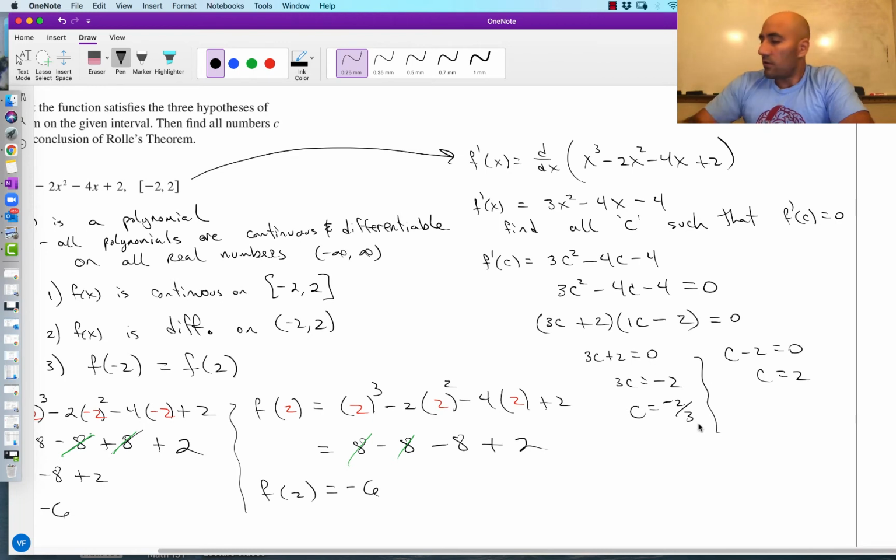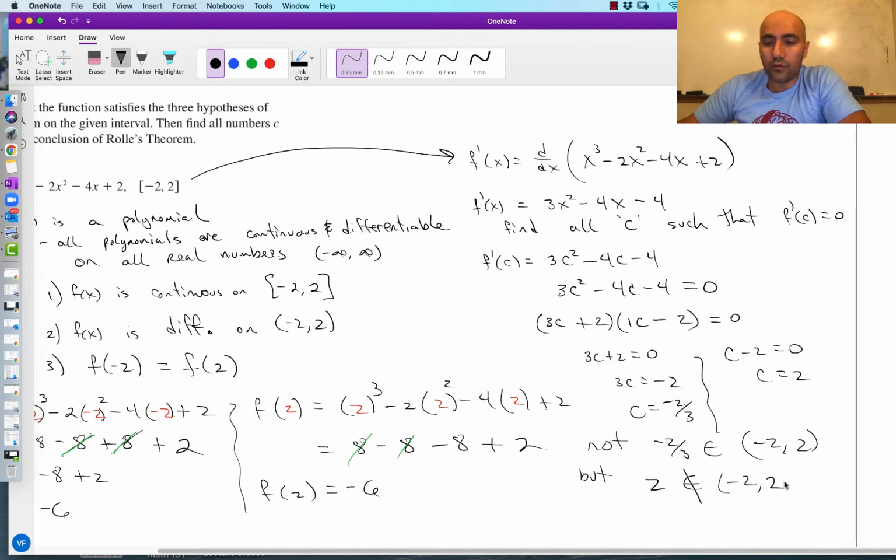So note that negative 2/3 is a member of the interval from negative 2 to 2, but positive 2 is not a member.